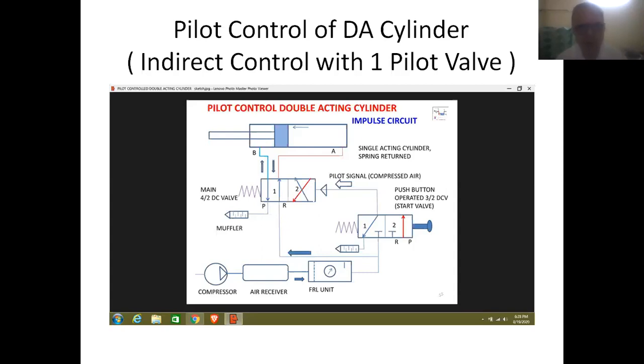Secondly, a regulator, as the name itself implies, is used for controlling the pressure of a fluid entering the circuit. That's why it's called a pressure regulator.